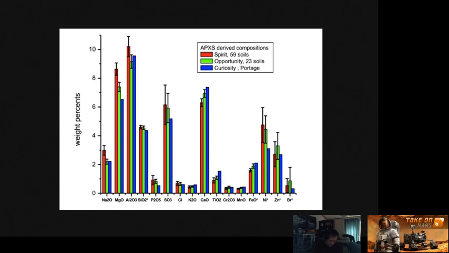All the trace elements are at 5%. K2O, 5%. And that takes care of that list. And zinc is at 10% for zinc.